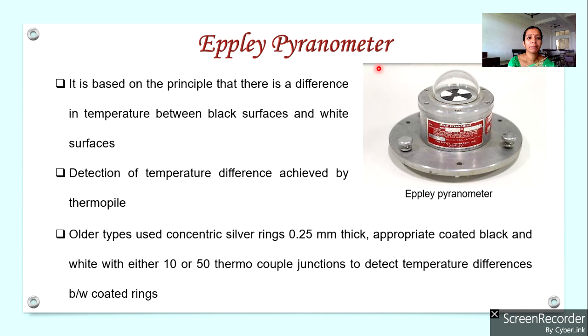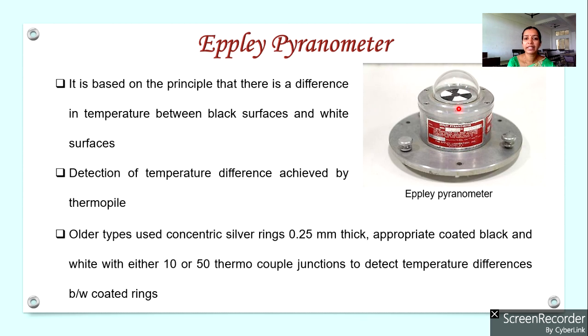So the Eppley Pyranometer. As we have already discussed, the working of the Eppley Pyranometer is based on the principle that there is a difference between the temperature of the black surface and the white surface, and that temperature measurement is done by using a thermopile.